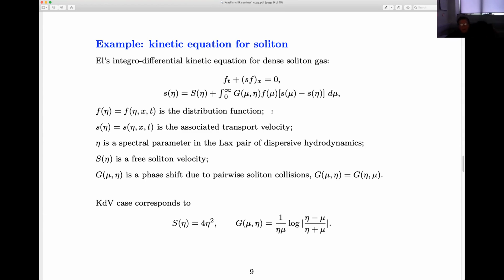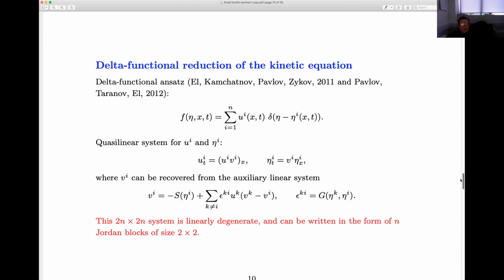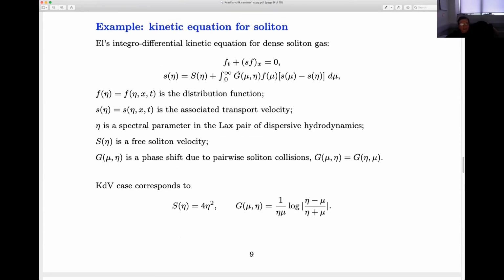All right. So now I will impose the delta functional reduction on this kinetic equation. Let's see what happens. We will assume that this distribution function f of eta, x, t is a sum of delta functions, and s is just some continuous function. We will not assume anything about s.